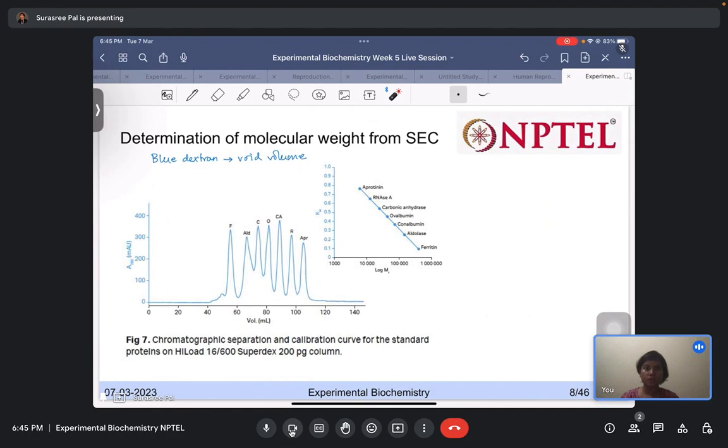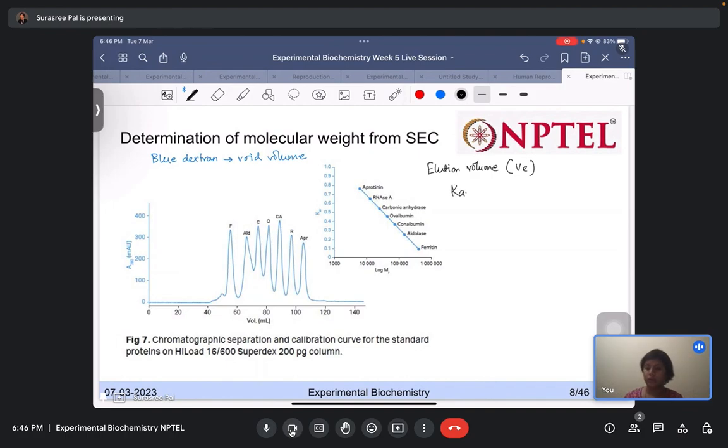So after running it in a size exclusion column, we get the elution volume, that is VE, of these proteins.